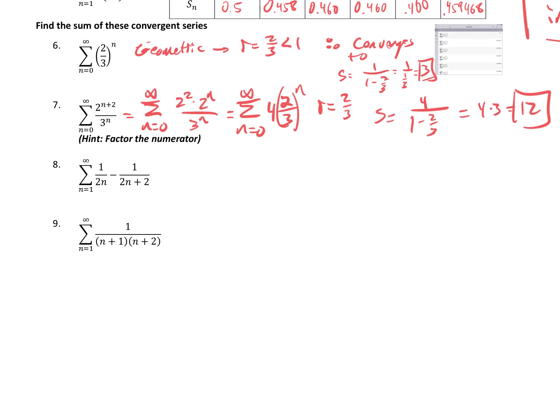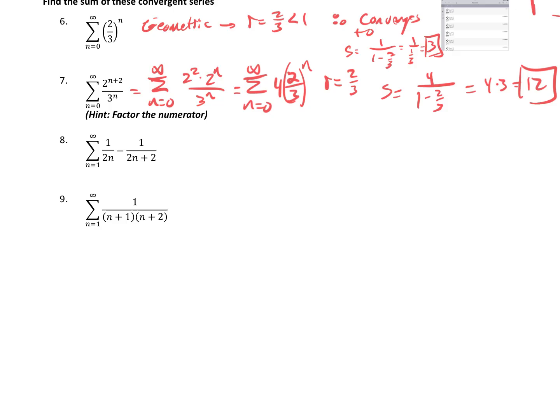So when it looks like it's geometric, we can change it into that geometric form to find the sum. All right, how about this one? This looks like it's telescoping, and it is. So if we write this out to be sure of it, let's write out a few. Plug in 1, we get 1 over 2 minus 1 over 4.